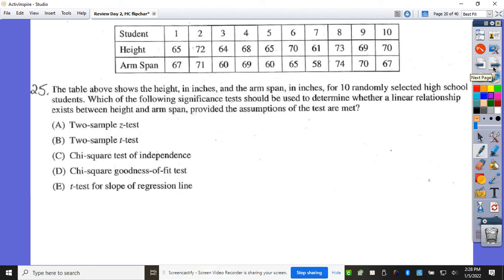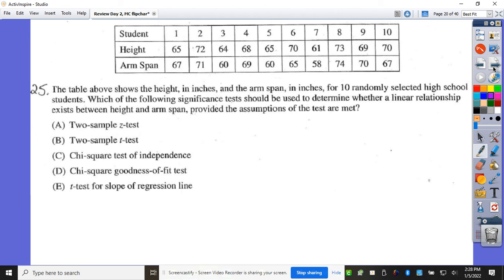If it's a workout problem. Number 25. The table shows the height in inches and the arm span in inches for 10 randomly selected high school students. Which of the following significant tests should be used to determine whether a linear relationship exists between height and arm span, provided that the assumptions of a test are met?